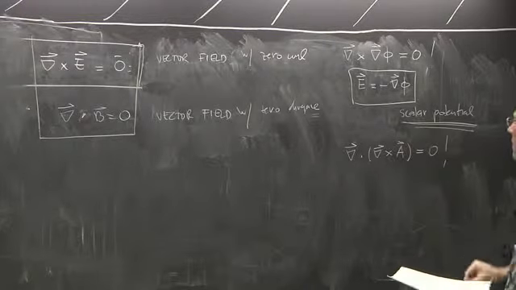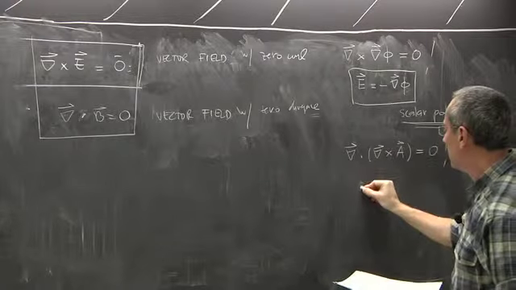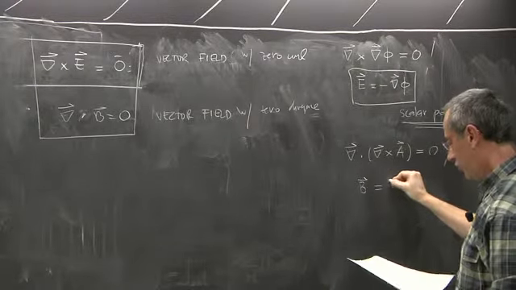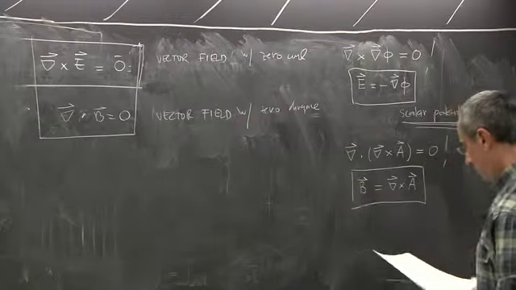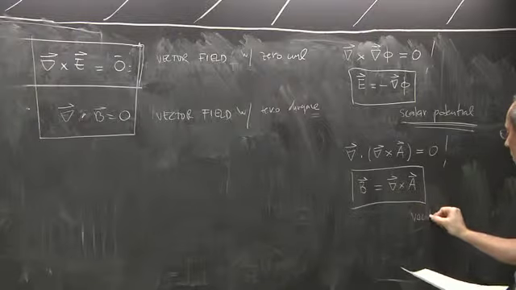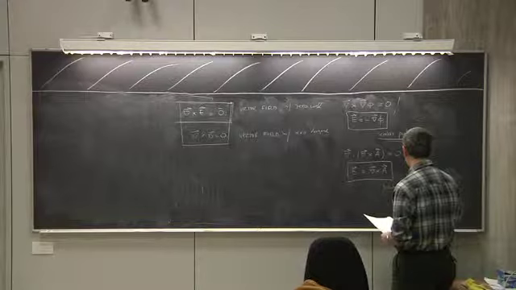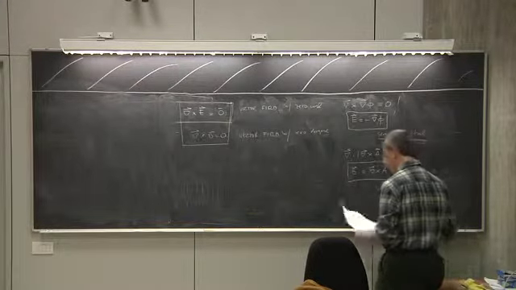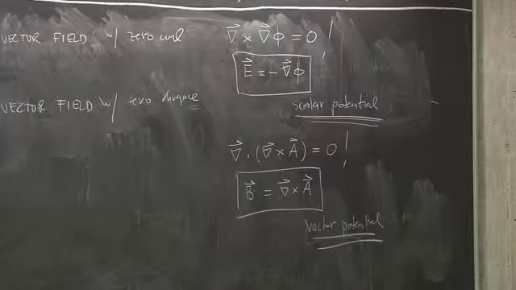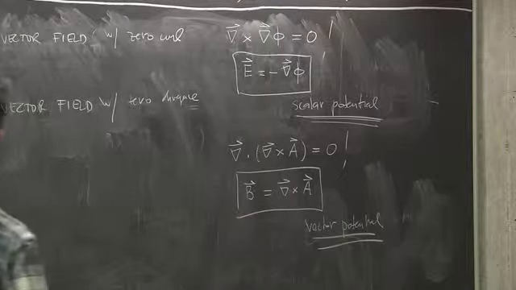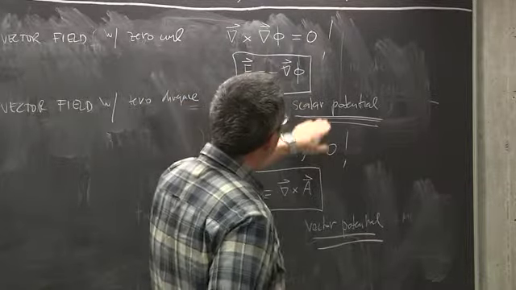And this means that B can always be written as the curl of some vector A. This is called the vector potential, just as the scalar potential before. So as for the electrostatic equations, we essentially will be studying the scalar potentials.